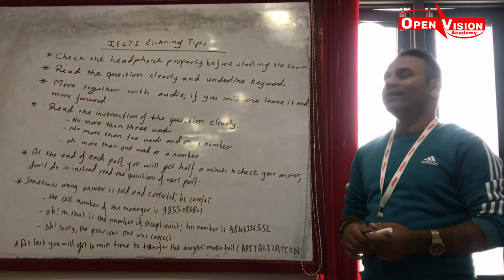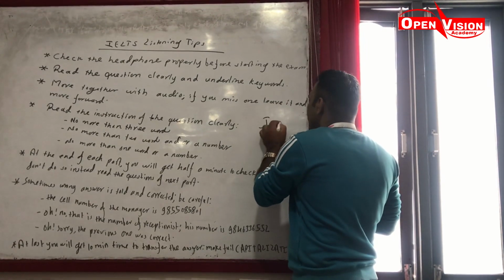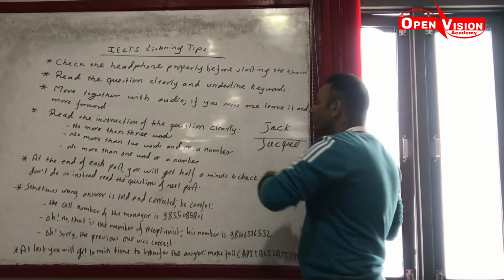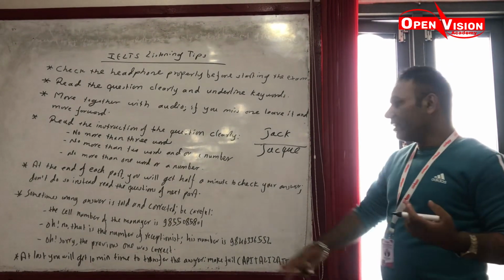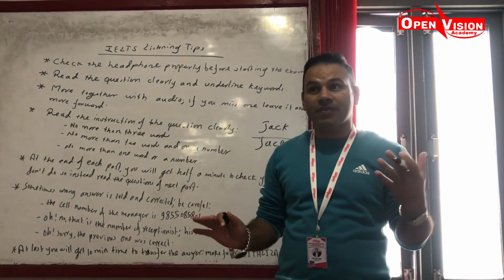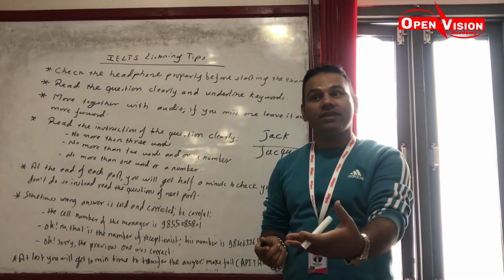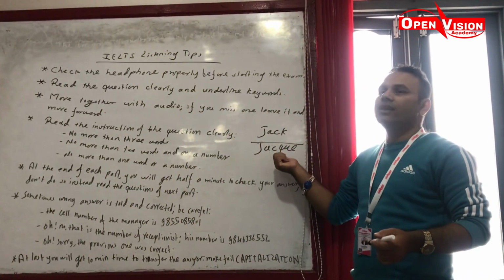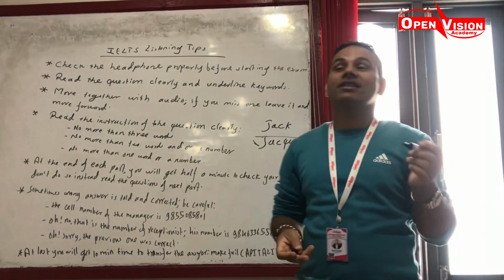For example, the spelling of Jack, Jack, or Jacque, both may be correct. So which is the correct answer? If in the audio you are asked what's your name, he says my name is Jack, and then they ask, could you please spell that? Then he says Jacque, then you have to write down this one. In this way it is spelled out.